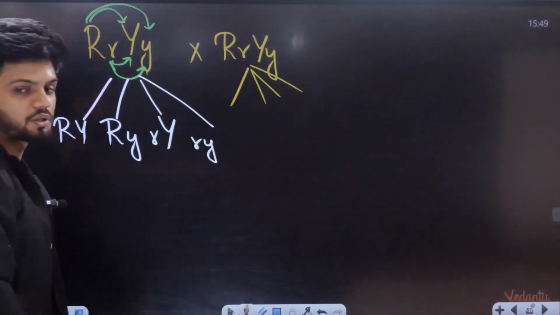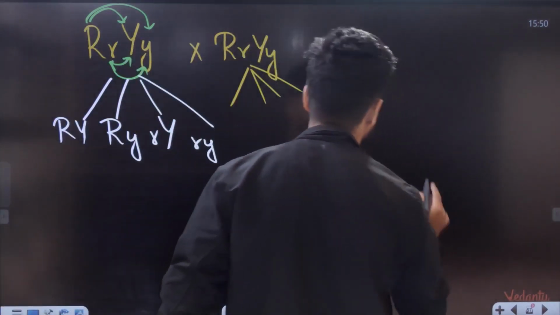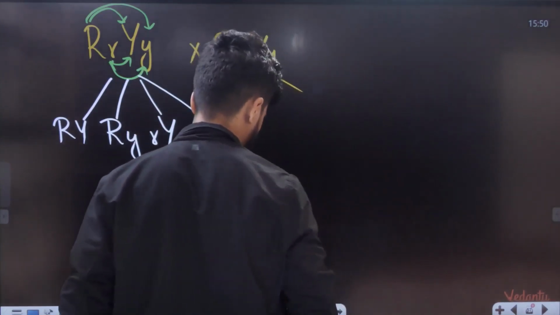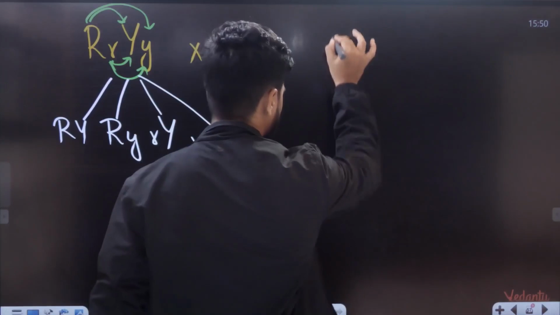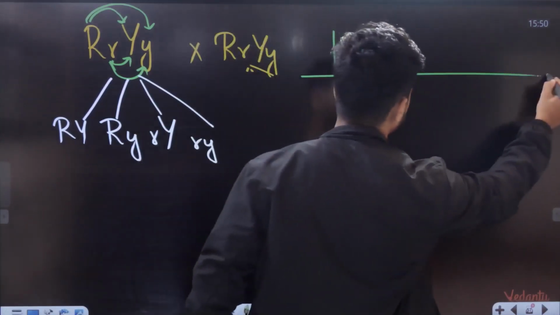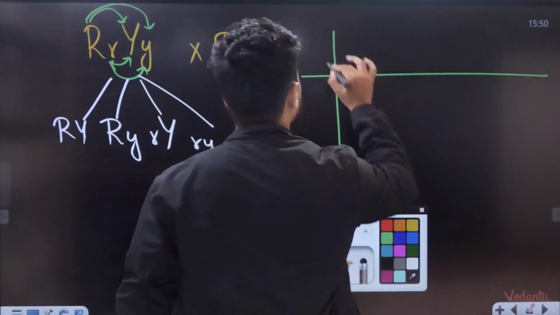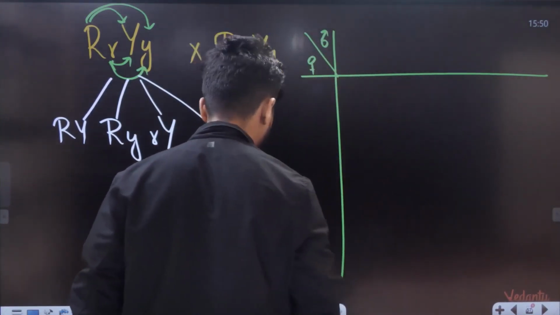Now again we do something called a Punnett square. Male, female.